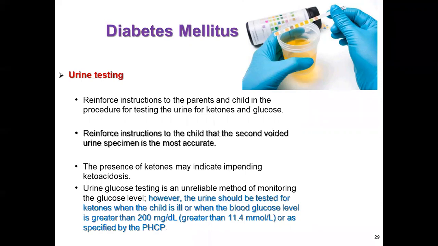And also, the presence of ketones may indicate impending ketoacidosis. Urine glucose testing is an unreliable method of monitoring the glucose level. However, the urine should be tested for ketones when the child is ill and when the blood glucose level is greater than 200 milligrams per dL, or greater than 11.4 millimoles, or as specified by the healthcare provider.